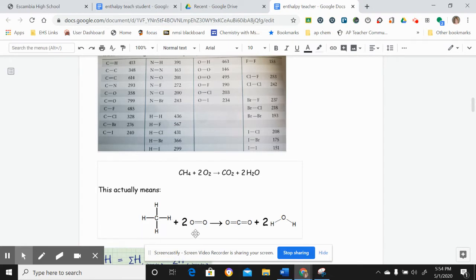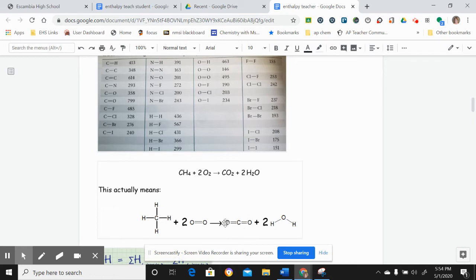Oxygen is a diatomic, and since it's got a minus 2 charge, it has got a double bond on here. If I look at the carbon dioxide here, carbon dioxide means I have 2 oxygens. Carbon has 4, oxygen has 6, so it can form 2 bonds on both sides. So therefore I have carbon dioxide.